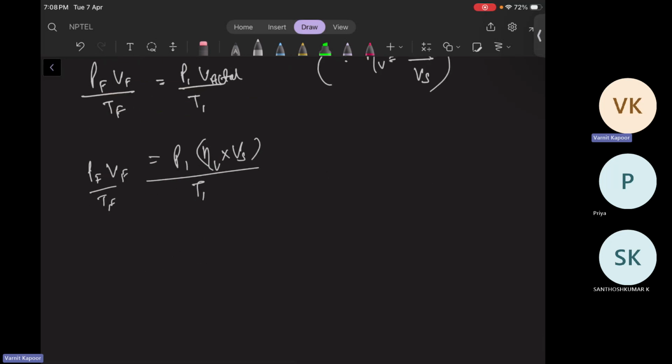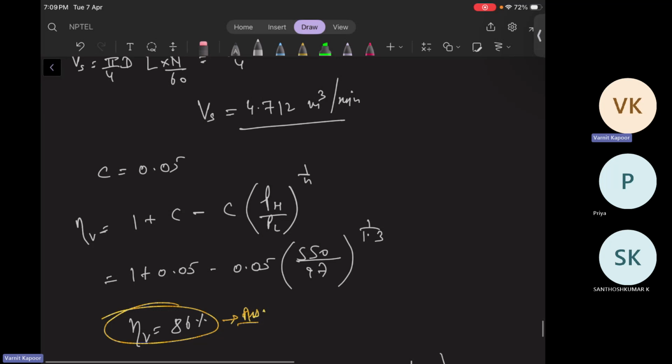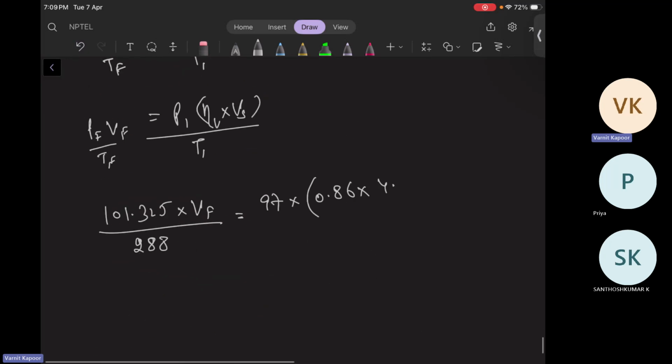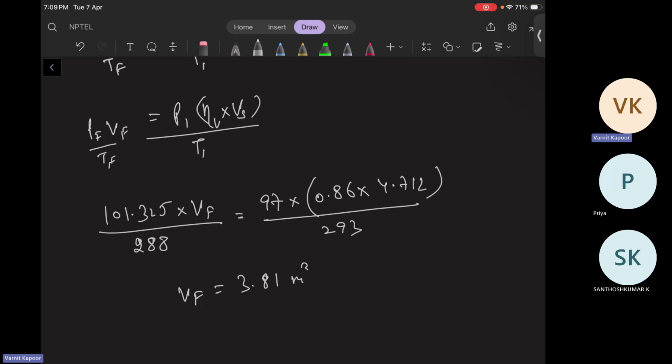From here you will calculate your final VF, that is 101,325 into VF, the free air delivery conditions I am writing, to that of 288 is equal to what is your initial pressure, 97 kilopascal. V actual you have got as volumetric efficiency is 0.86 times V swept you have got as 4.712. So that of what is your initial temperature, 293. On solving, you will get your free air delivery in terms of meter cube per minute, 3.81 cube per.